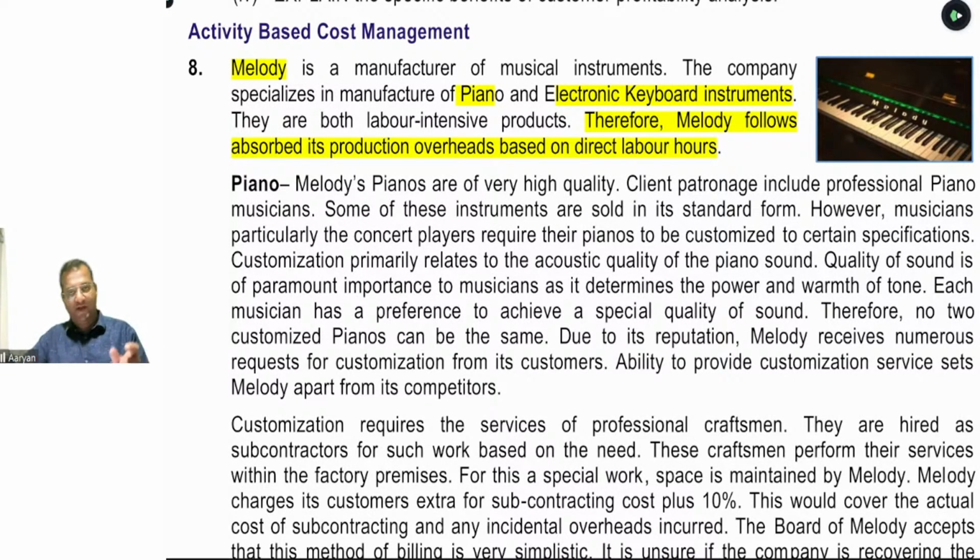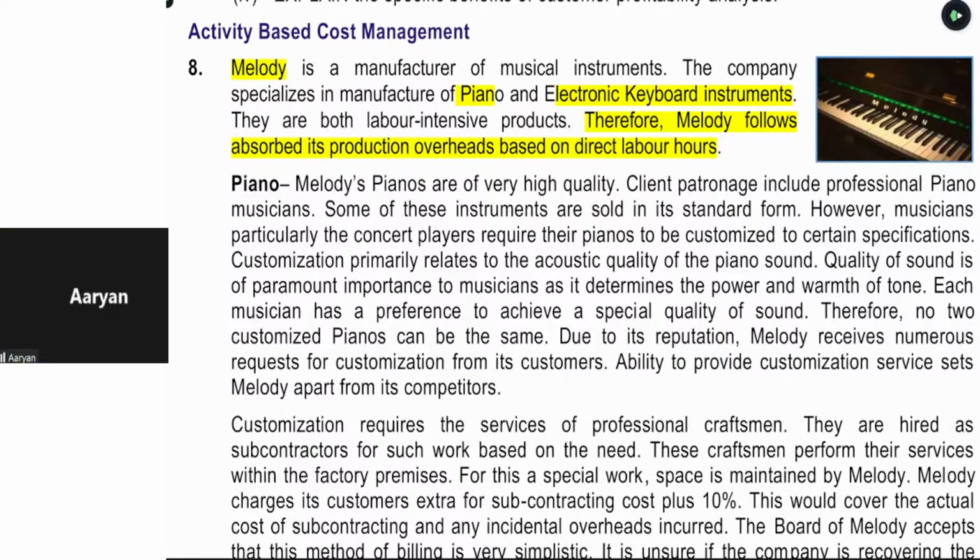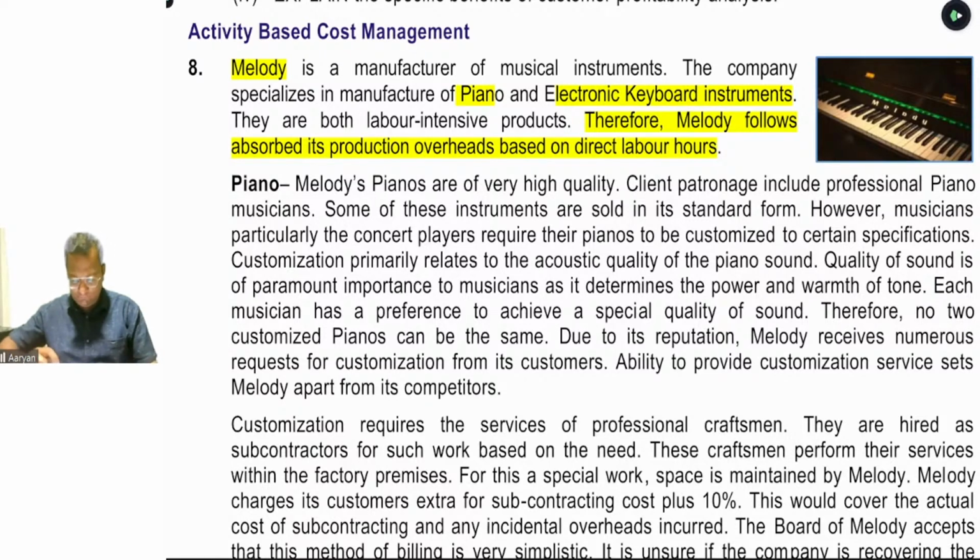Based on this last line, the company is recovering overhead on the basis of labor hours. Okay, Shrivani has said it's traditional. Seema Suresh and Rashmi Kamath ABC. No, beta, it's 100% traditional method.